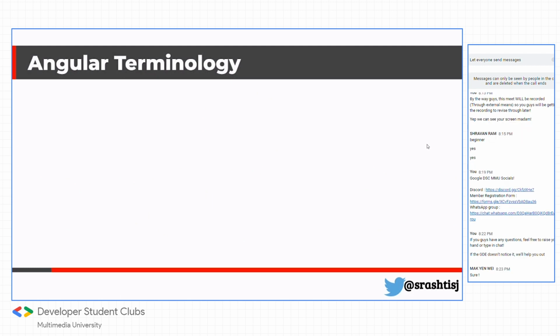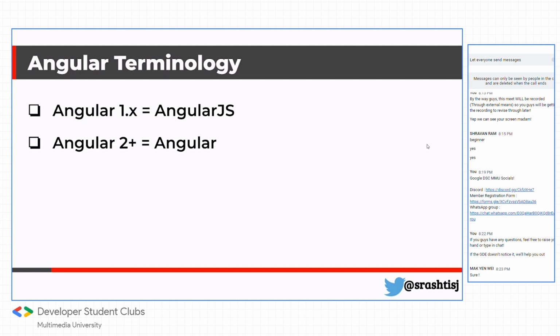So there are a few terminologies which you might have heard, or maybe you will hear if you go into the market, or maybe somewhere on Google if you search about Angular. There is one term called AngularJS. Basically, what happened previously is that AngularJS came up with this framework, and then they updated that framework, so it came up with the name Angular.